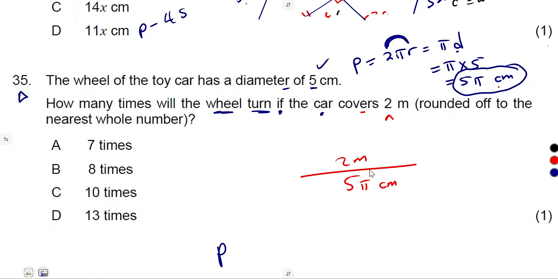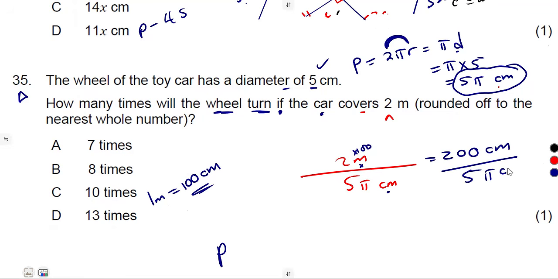So we must change the meters to centimeters or centimeters to meters. Guys, it's easier to change meters to centimeters as we have 100 centimeters in a meter. So multiply by 100. This is the same as 200 centimeters over 5 pi centimeters.